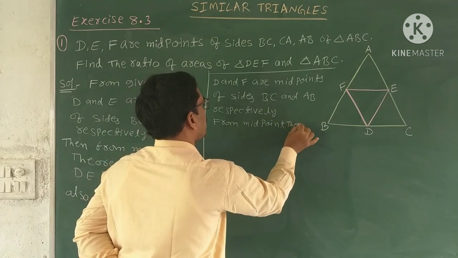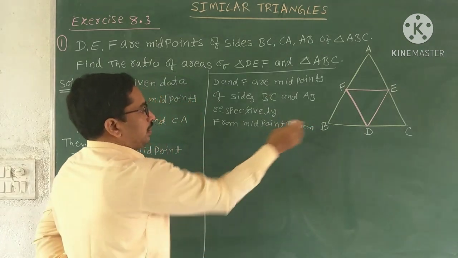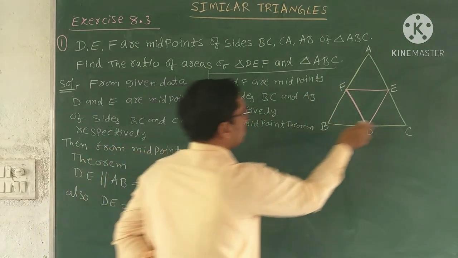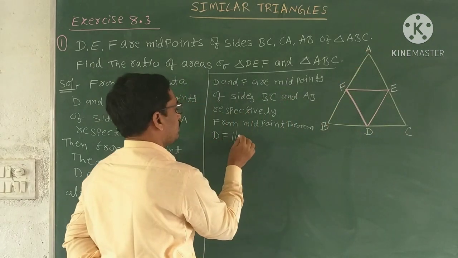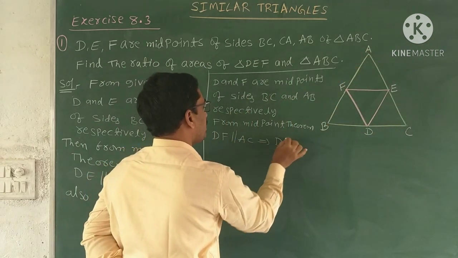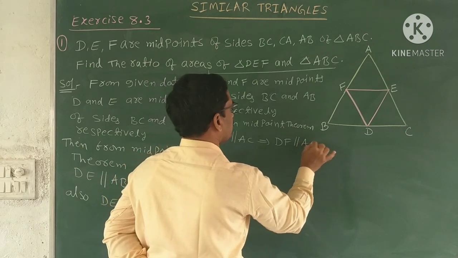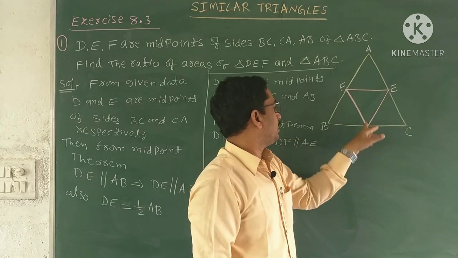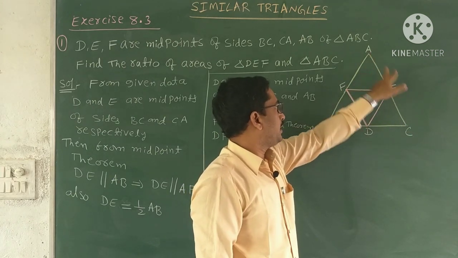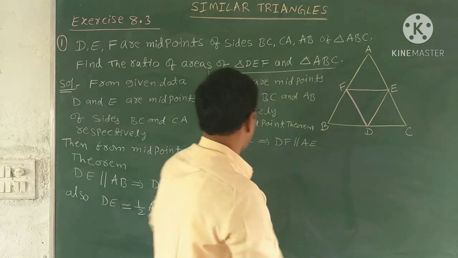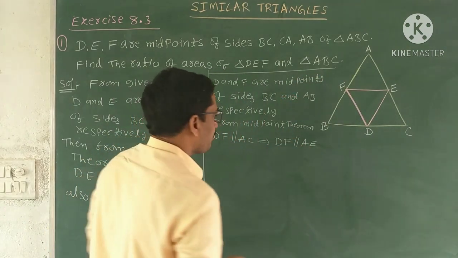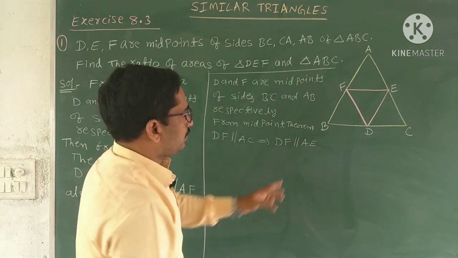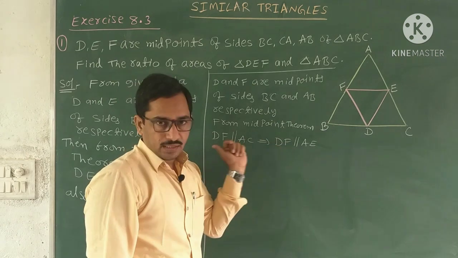What happened from midpoint theorem? DF is parallel to CA or AC, then DF is also parallel to AE. See, DF is actually parallel to AC, but here I am taking DF parallel to AE because AE is a part of AC. So DF is parallel to AC. So no need to take the length of DF is half of AC. See, I am taking only the parallel concept.